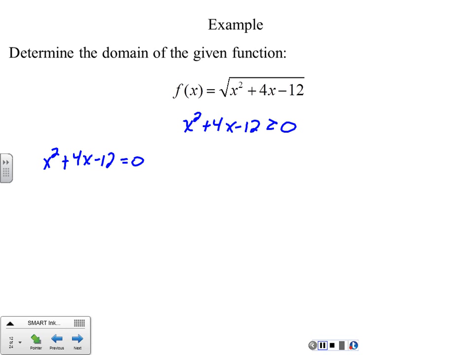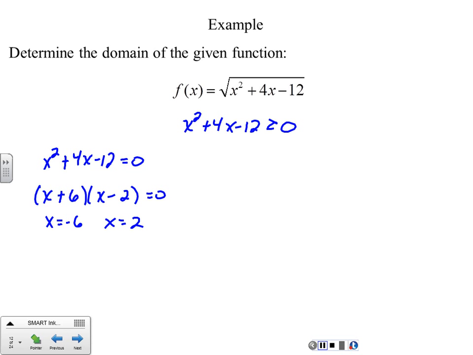Is there anything we can multiply together to get negative 12, but add together to get 4? Very good. All right, so this one will factor again. And then if we solve each one of these, we're going to get x is equal to negative 6 and x is equal to 2.